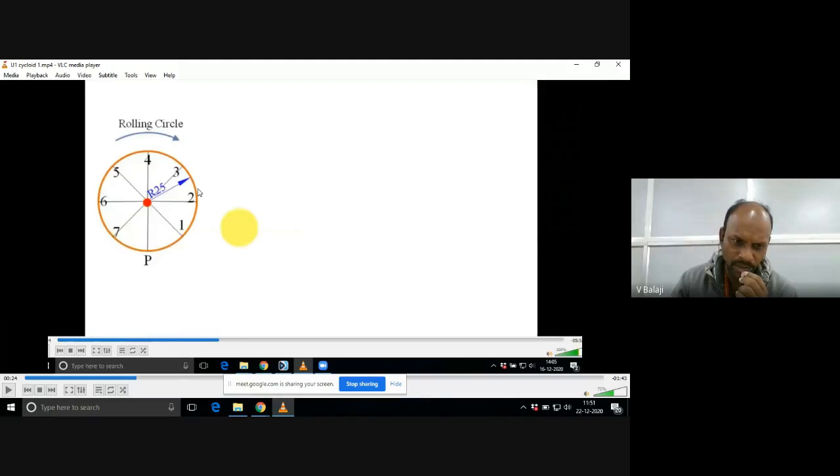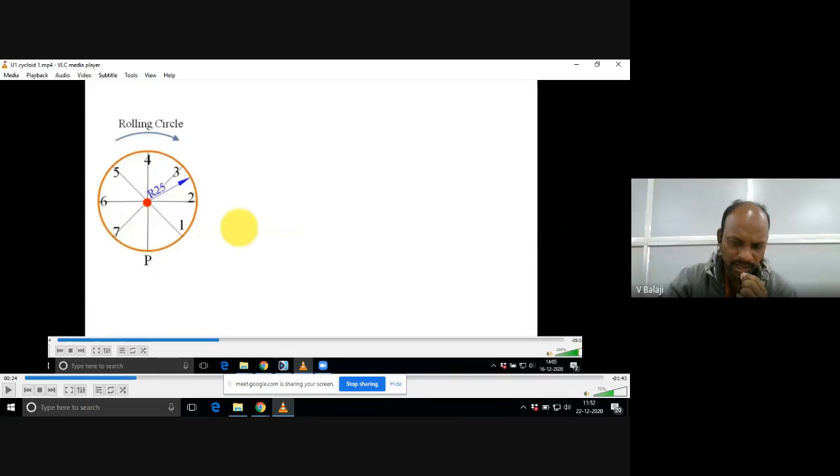Take your protractor and mark 45 degrees. Initially draw 4 perpendicular lines, and the remaining 4 parts you get by setting the protractor to 45 degrees. If you want 12 parts, 360 by 12 is 30 degrees, so set 30 degrees each time.